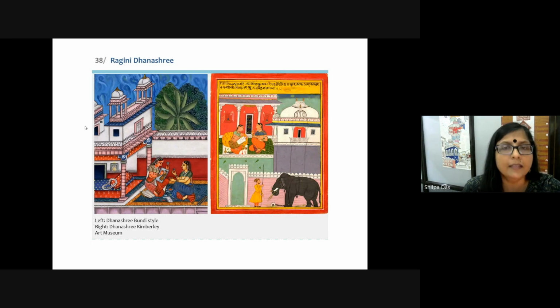Usually, there is a certain convention. The body, the posture, the way the head is bent, the view, the Nayika is always shown to be seated. The painting is held at about 60 degrees at a distance of 10 to 12 inches from her eyes.